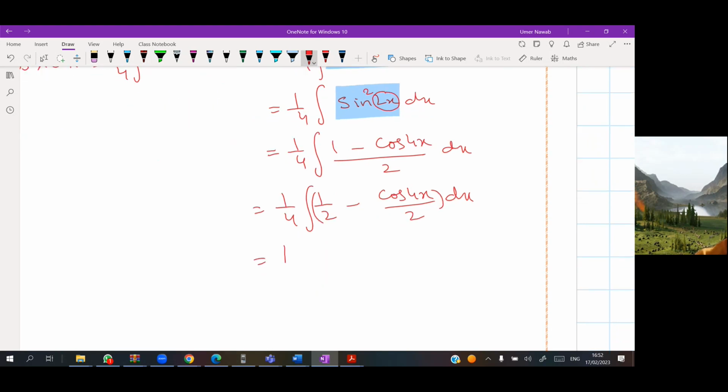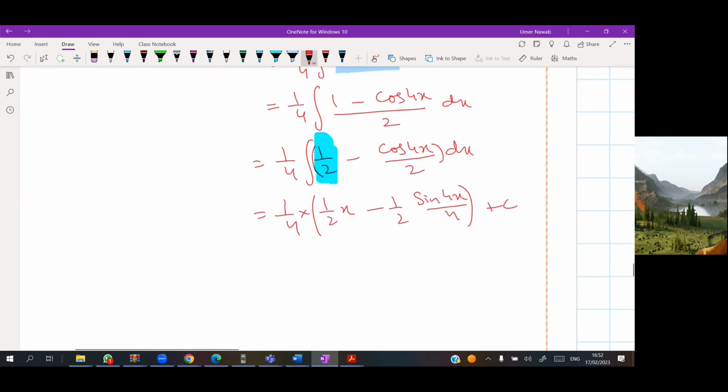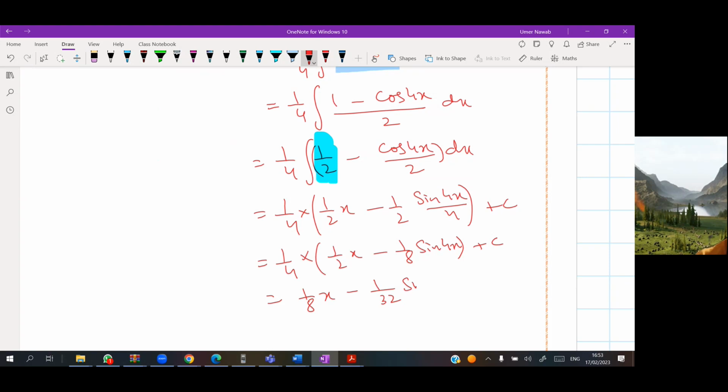The integration of this is half x, and the integration of this is 1/2 sine of 4x divided by 4 plus c. 1/4 times 1/2 x minus 1/8 sine of 4x, and now you can multiply 1/4 inside. It will give you 1/8 x minus 1/32 sine of 4x plus c.